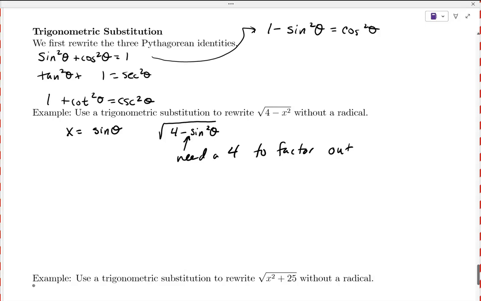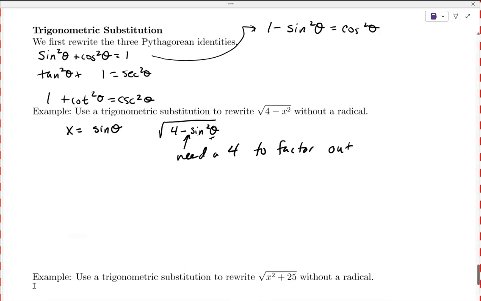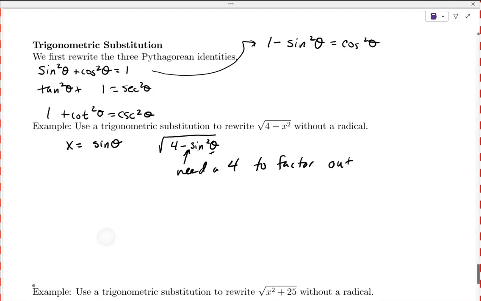Okay, so let's go back over here. How did I get sine squared? I squared the x. So what could I put right here so that I end up with a 4 there? Remember, we're going to square the x. So what could I put right there in front of the sine so that I end up with a 4 where I need it?